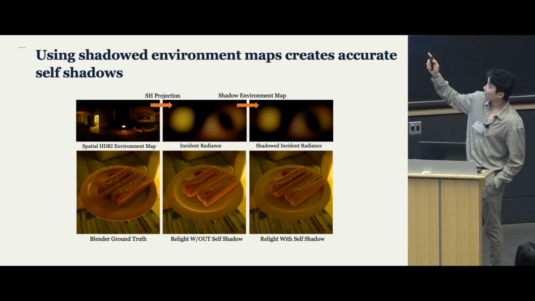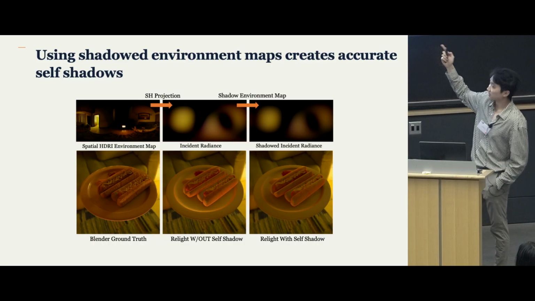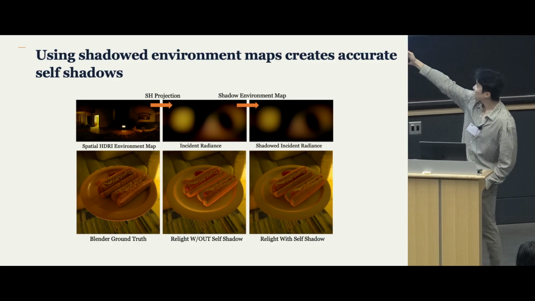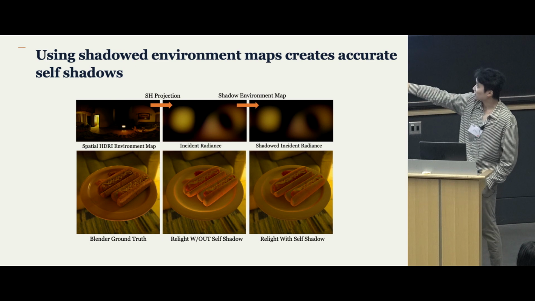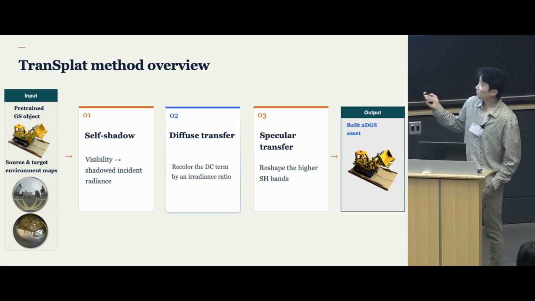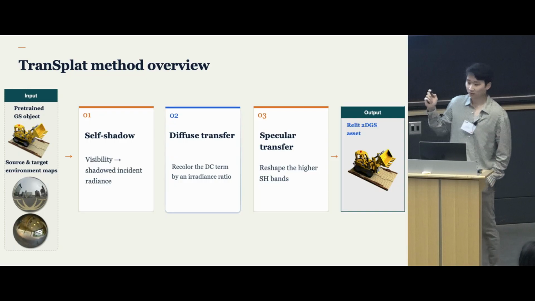If we do not shadow the incident radiance, there is no self-shadow in the final relight. However, with the shadowing within SH domain, we do see that it produces the shadow term that most closely resembles the ground truth.